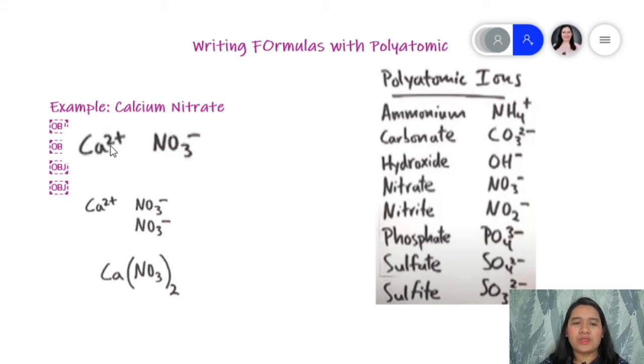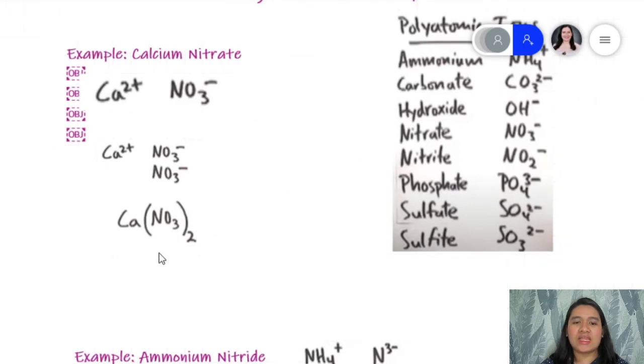Since we have 2 positive, that is the charge of calcium. So Ca2 plus and NO3 negative 1. We will add more nitrate to balance with calcium. So 1, 2. It balances with calcium. We have 2 positive and 2 negative. Now let us write the chemical formula for calcium nitrate.